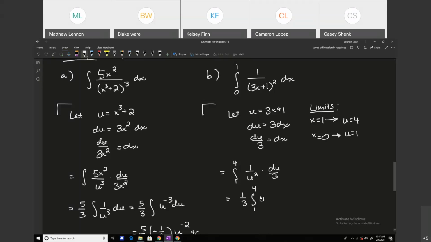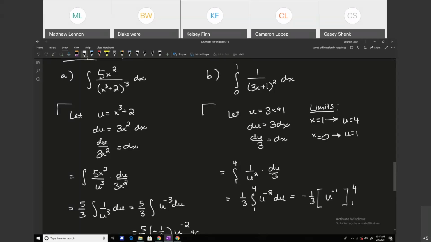And then we want to think about that as u to the negative second du. So the antiderivative of u to the negative second: add 1 to the power, -2 plus 1 is -1, and then dividing by -1 is the same as multiplying by -1. So basically we're going to get -1/3 u to the negative first from 1 to 4.